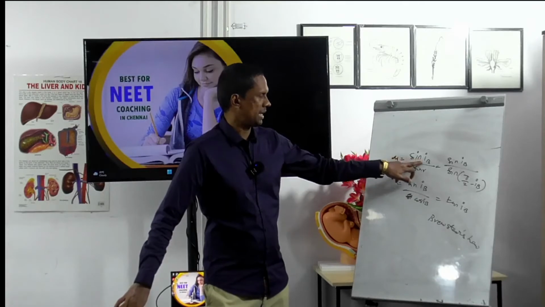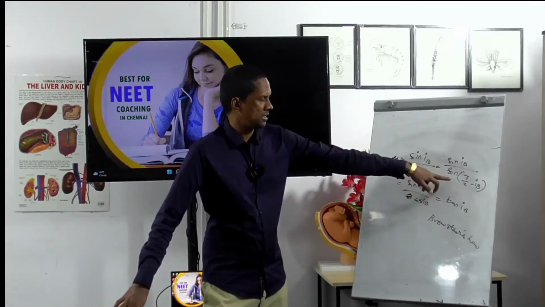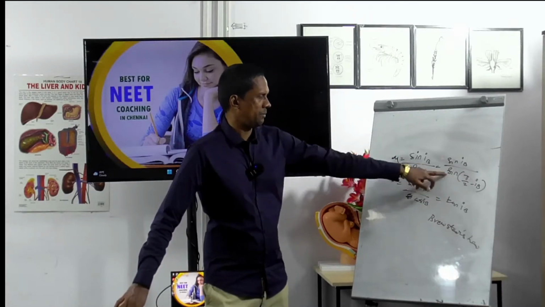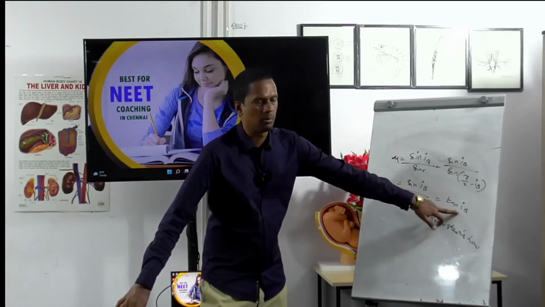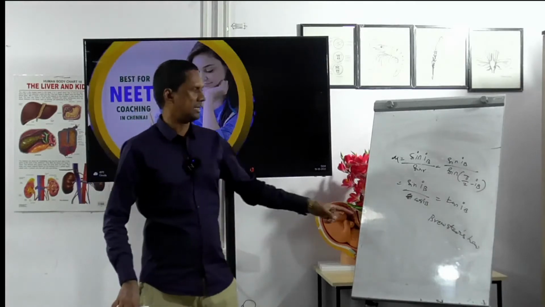So sin i_B by sin r is equal to tan i_B. So r is replaced by pi by 2 minus i_B. So sin of pi by 2 minus i_B is equal to cos i_B. So sin i_B by cos i_B is equal to tan i_B. And the tan i_B is the Brewster's angle.